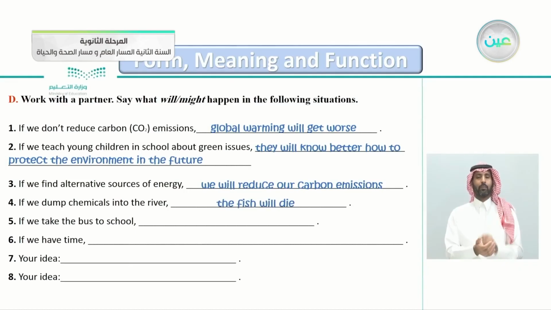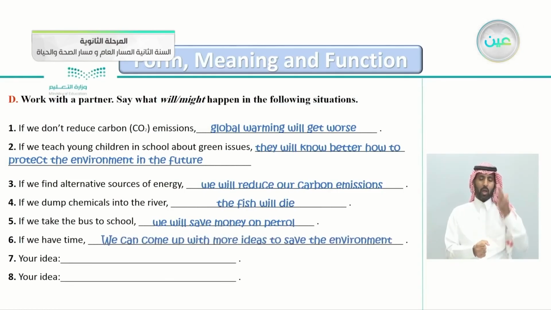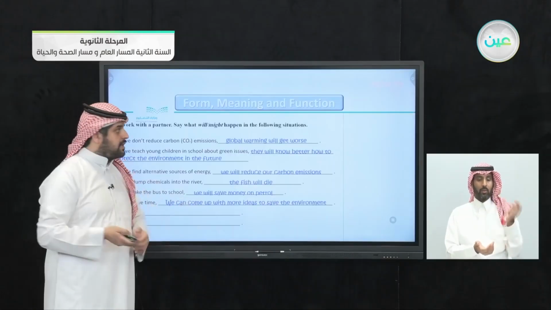If we take the bus to school, we will save money on petrol. Number 6, if we have time, what would you do? I wrote, we can come up with more ideas to save the environment. And for 7 and 8, you can write your own idea, the if clause and the result clause.